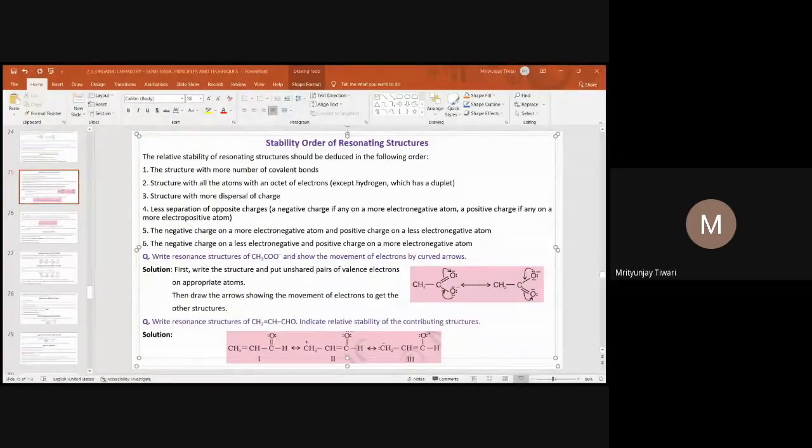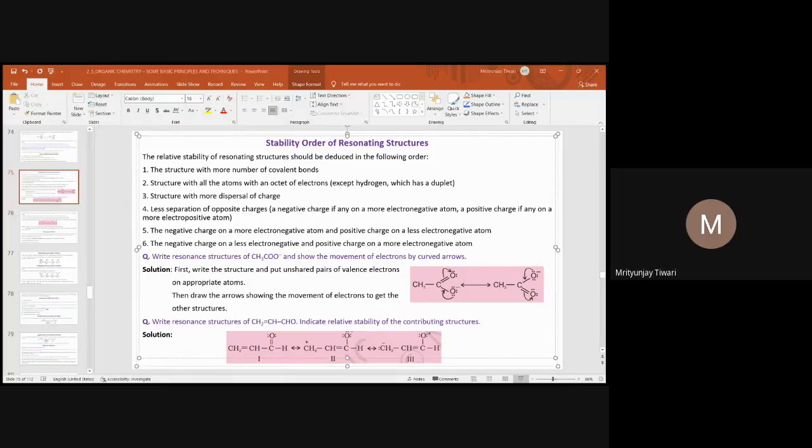So the pi bond will be broken, heterolytic cleavage of this pi bond will happen, and both the shared pair electrons will move onto this oxygen atom, so we get another negative charge on this oxygen atom. With this negative charge it has three lone pairs on this oxygen atom.